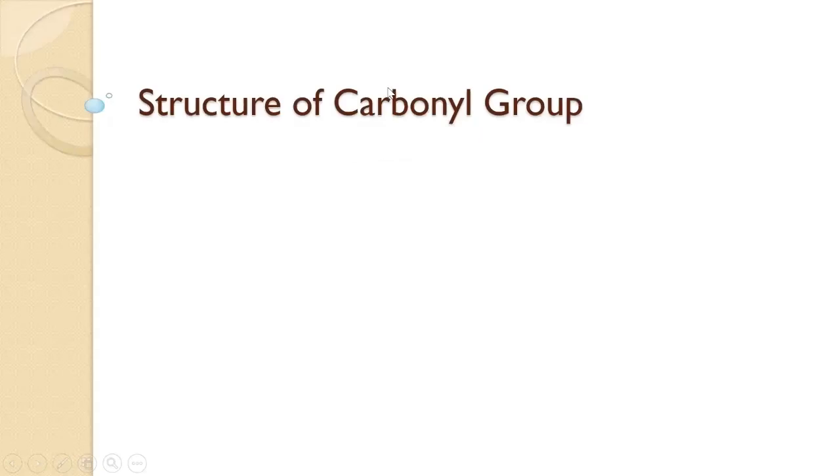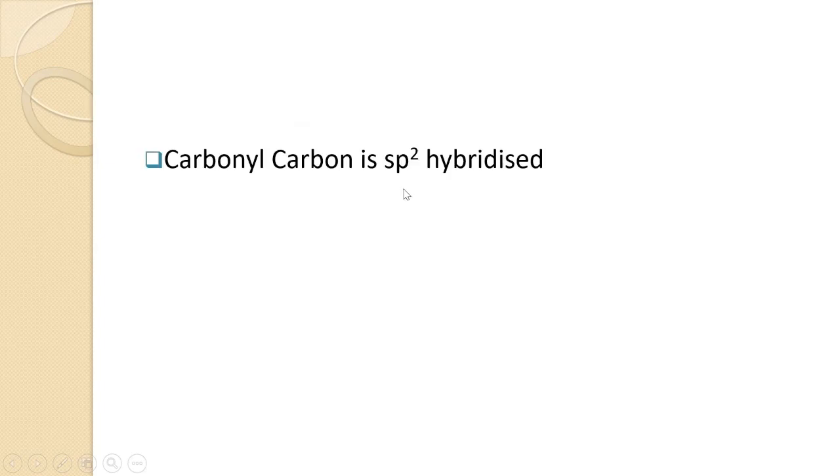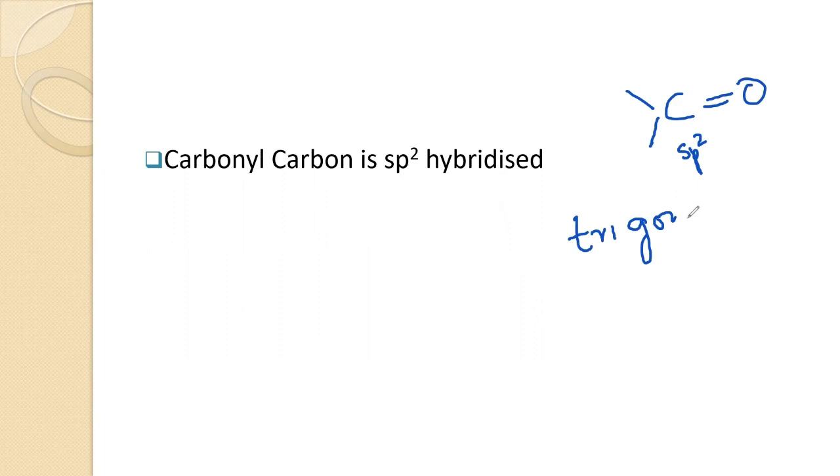Before we conclude, let us have a look at the structure of the carbonyl group. The carbonyl carbon, the C double bond O carbon, is sp2 hybrid, which means it has a trigonal planar structure.